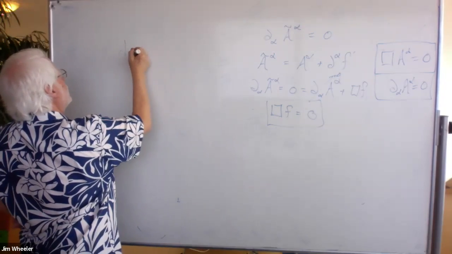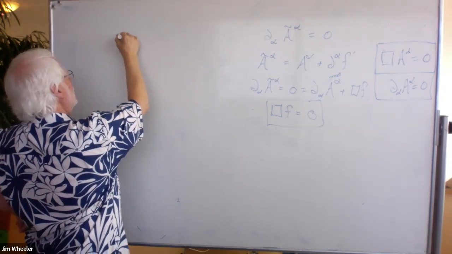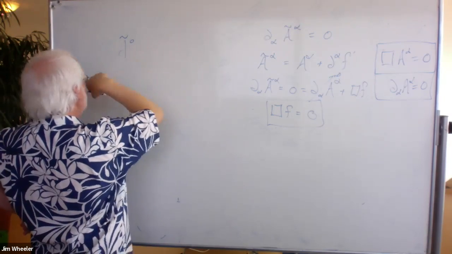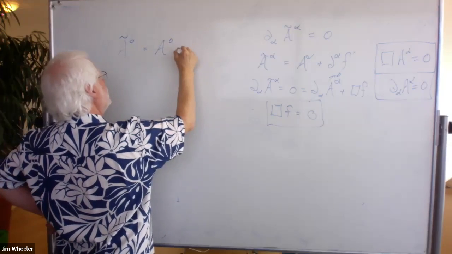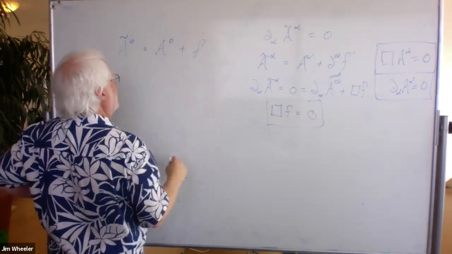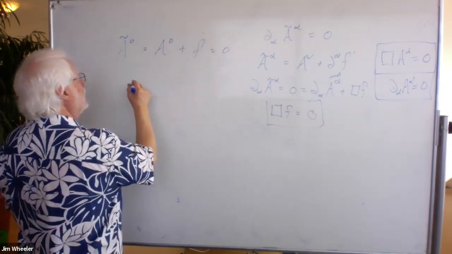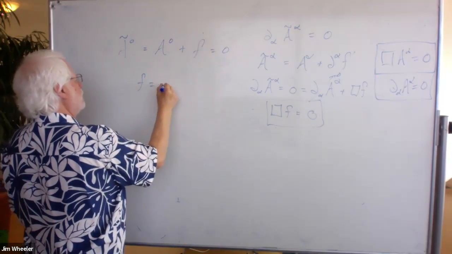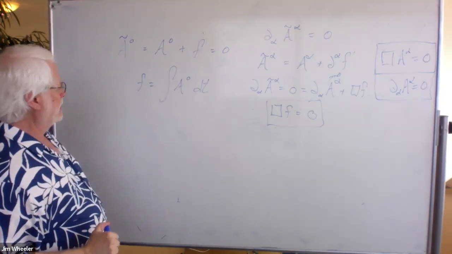So the 0 component of the new A changes by, it's the old component plus F dot. And if I ask for that to be 0, it says that F had better be the integral of A0 dt. Well, that always exists.